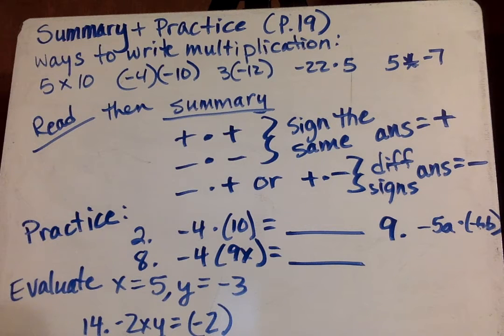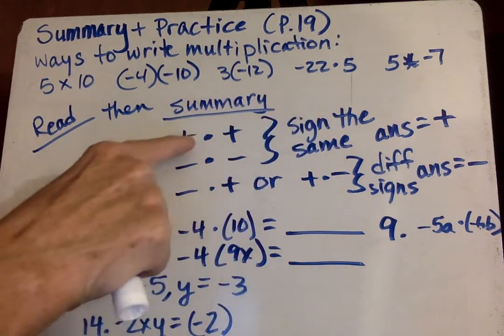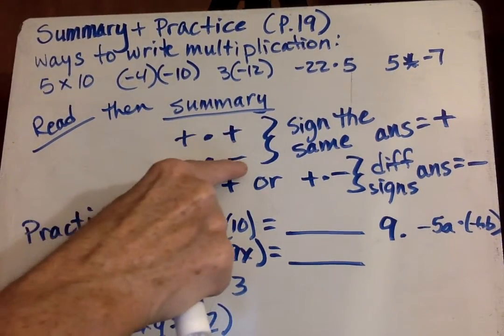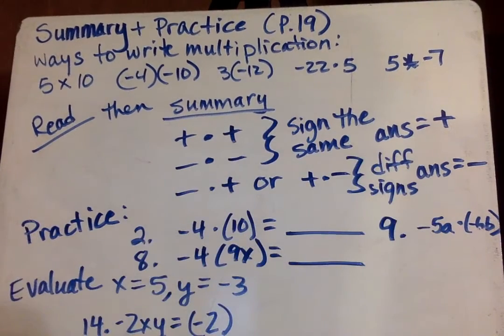Now, this is kind of just going to be a brief summary. And if you want to go over the other side, I can also do another video on that, but it seems a little complex. So I just want to summarize it. If the signs are the same, positive times positive, negative times negative, then your answer will be positive. This is different than adding positives and negatives, okay?